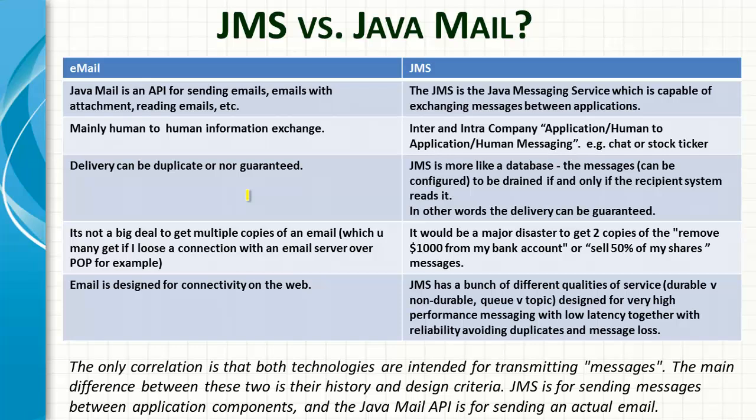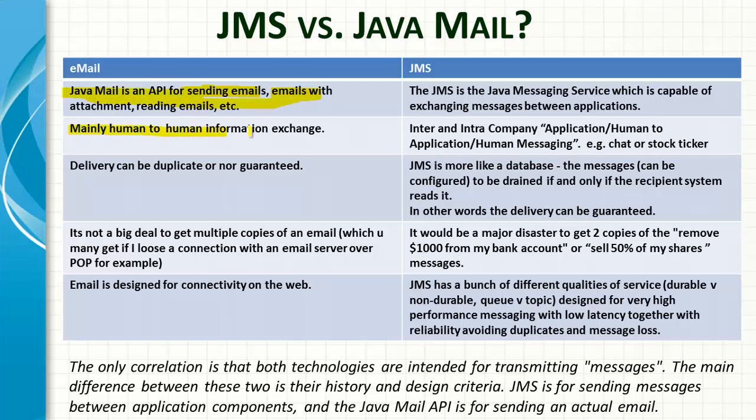Now before we move on to other parts of the presentation, let's quickly see the very basic confusion that we all have: how email differs from Java messaging. Java Mail is an API for sending mails with attachments and reading emails.